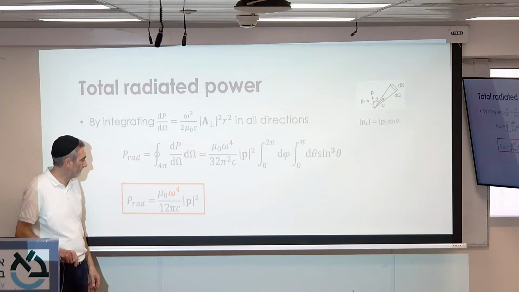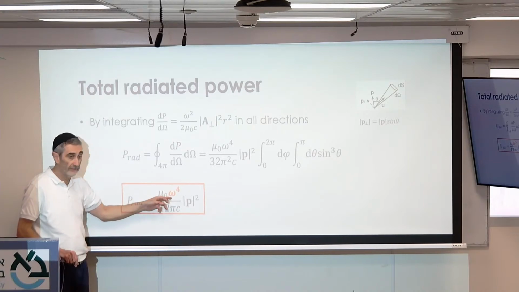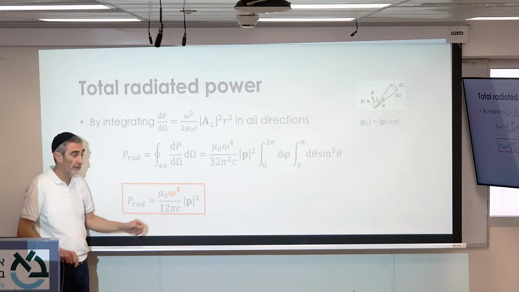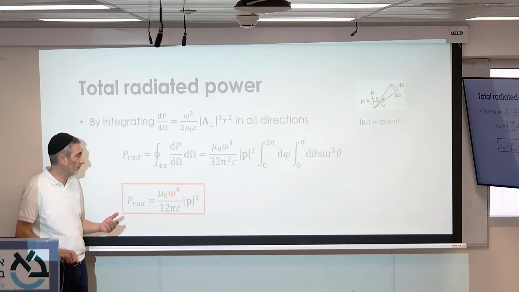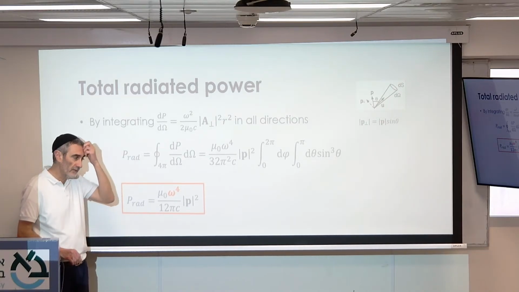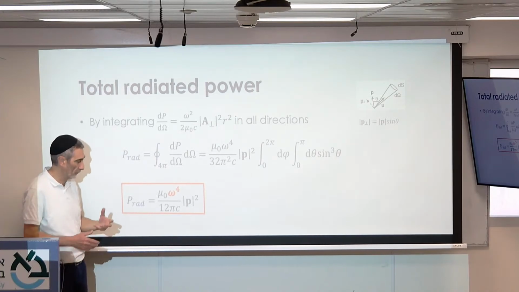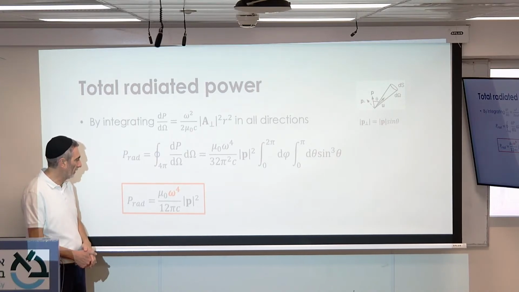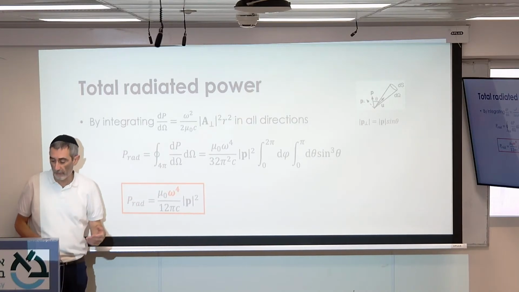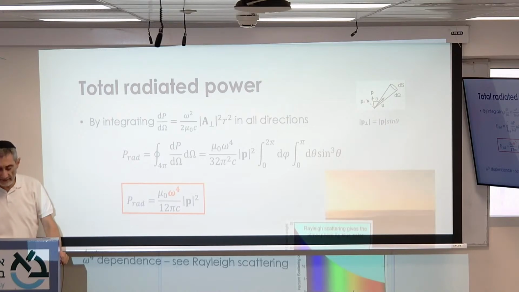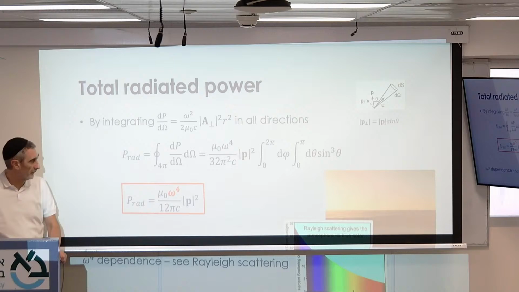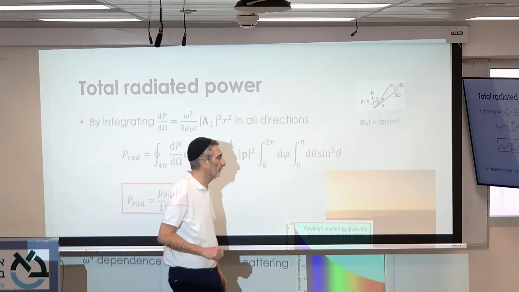Okay. So what is nice here is this dependence on omega. For small particles, that means for wavelength much larger than the size of the scattering centers, the power radiated goes as omega to the power 4, and that explains the fact that the sky is blue. I will go back to that; that's something we'll show later.